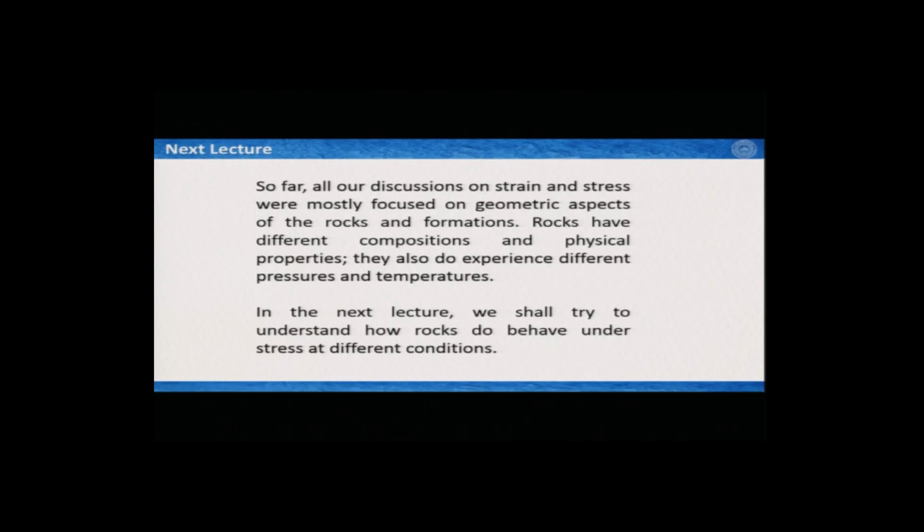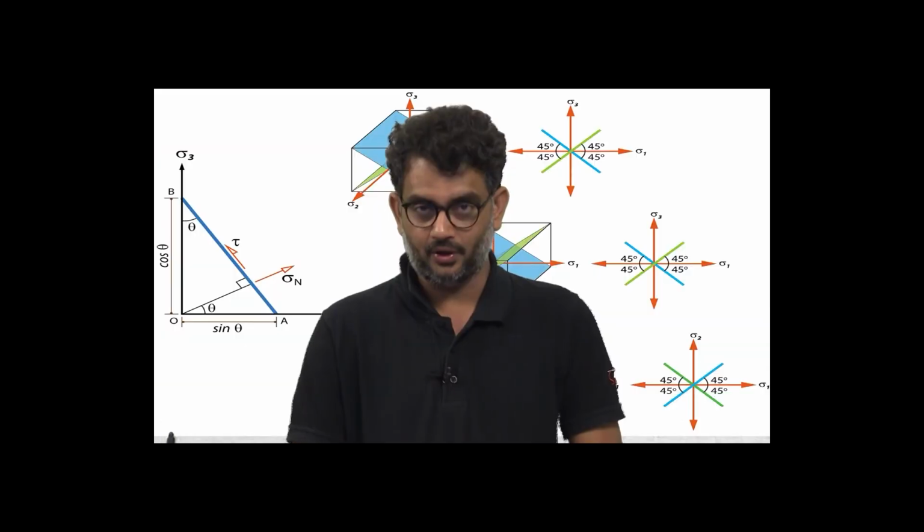So they also do experience different pressures and temperatures at different regimes when they stay in the earth. At the surface conditions they don't experience that much pressure and temperature, but when you take all these rock materials deep inside the earth, they experience a significant amount of pressure and temperature.